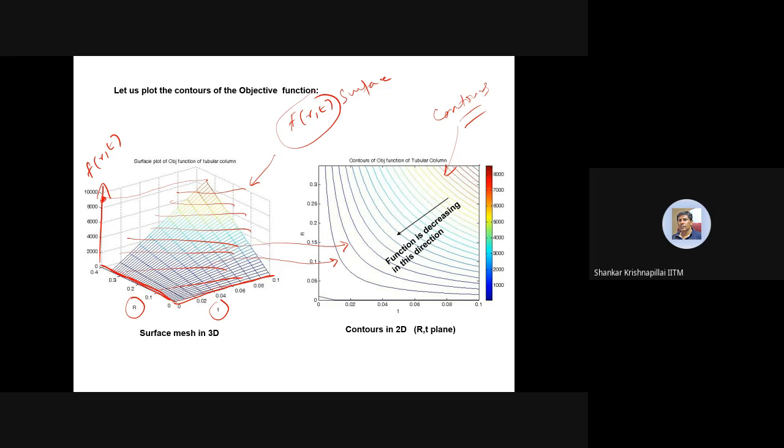Here is 9,000 kg, and here, this dark blue color, is something like 1000 kg. All values of R and T here give 1000 kg. So the objective function is decreasing in this direction.